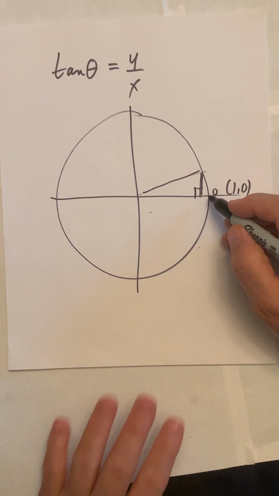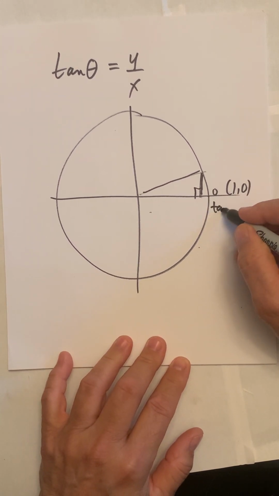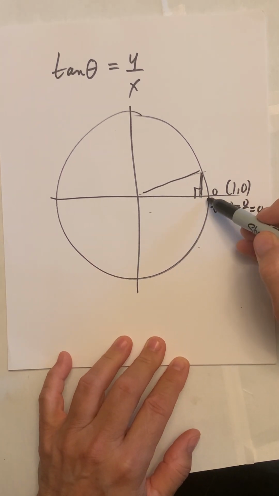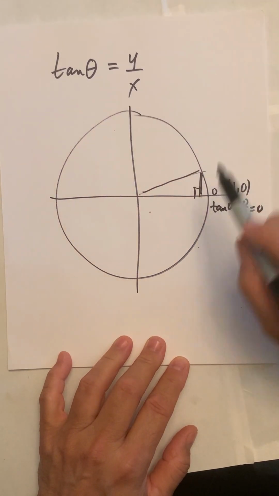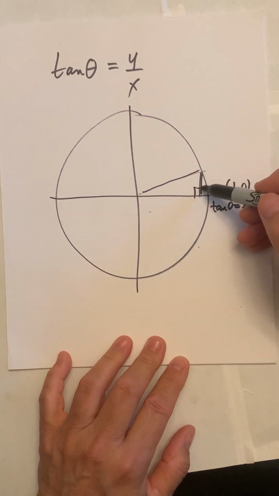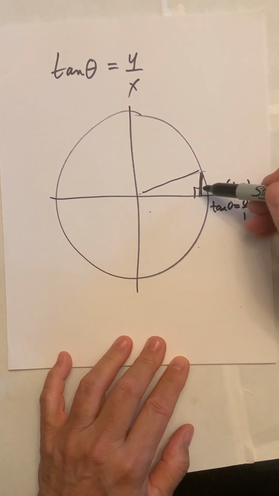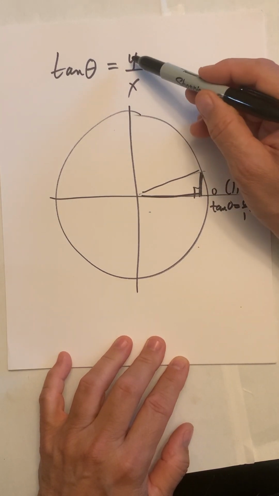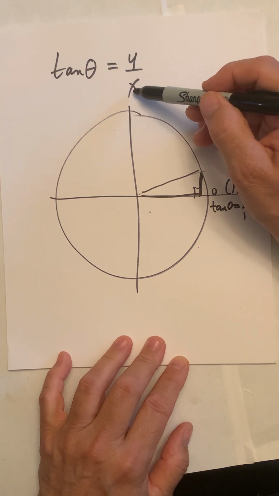My apologies. Here at 0, tangent of 0 is 0 over 1, which is 0. So here you start out tangent is 0. Sorry, it gets to infinity over here. And as you start rotating, what happens is you start increasing the y, but you're decreasing x. So this ratio is starting to get bigger in the numerator and smaller in the denominator.